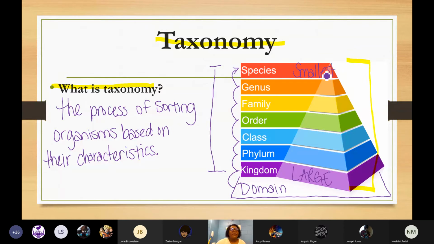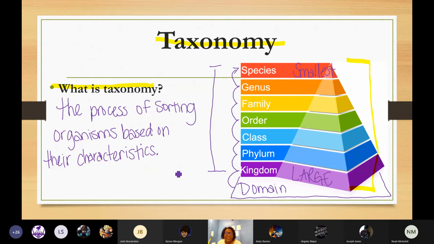So we want to think of it like a bowl. That domain is huge. That domain has the biggest bowl, so it's able to fit the most stuff inside. The species bowl is the smallest. So what we need to understand here is that more organisms are able to fit in the larger group and less organisms are able to fit in the smaller group.